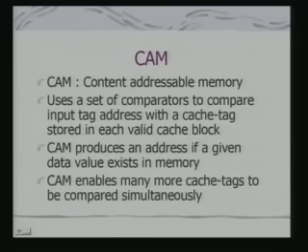So, you use what is called a CAM. CAM works effectively like your RAM, but in a slightly different way. CAM produces an address if a given data value exists in memory. That is the basic reason why we call CAM a content addressable memory.